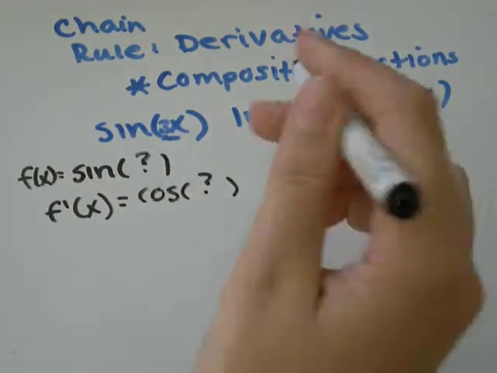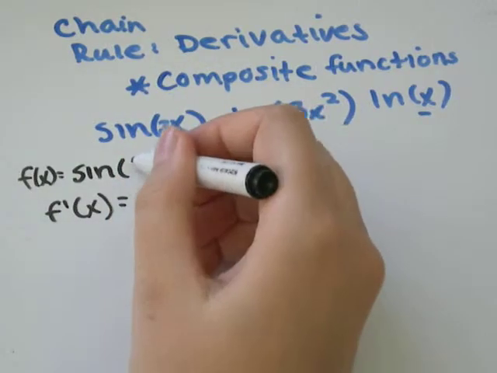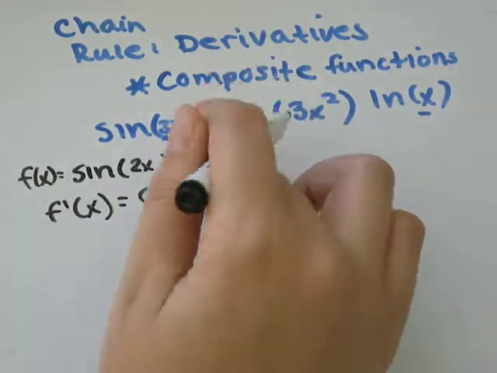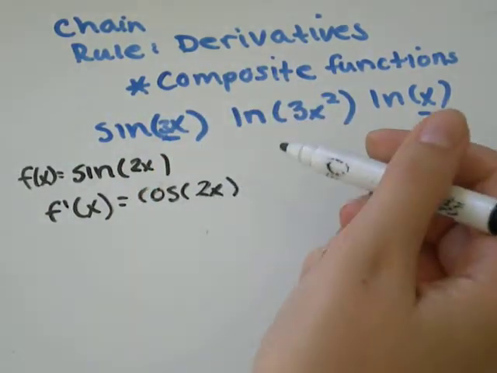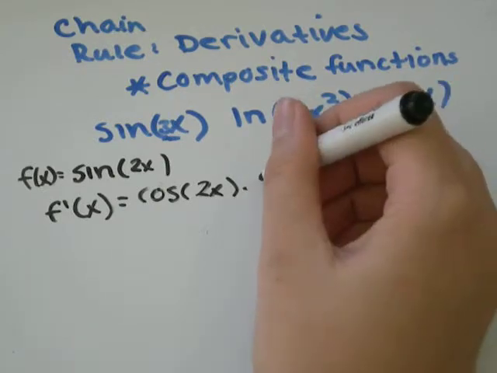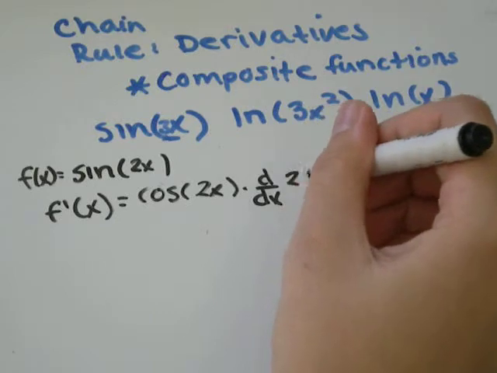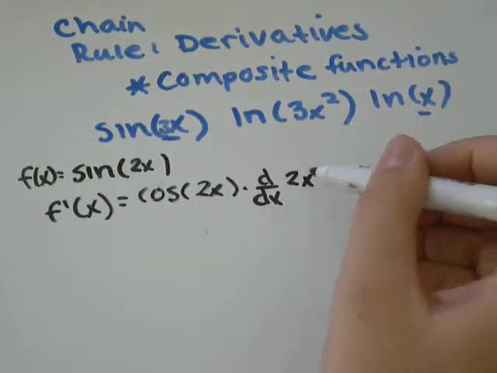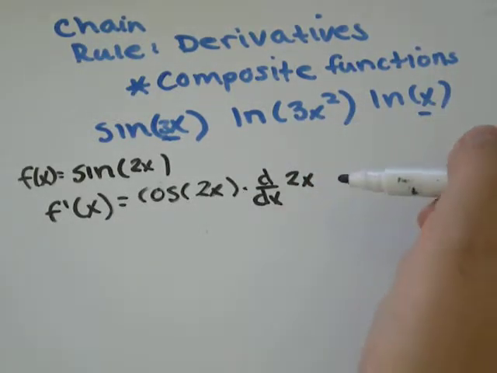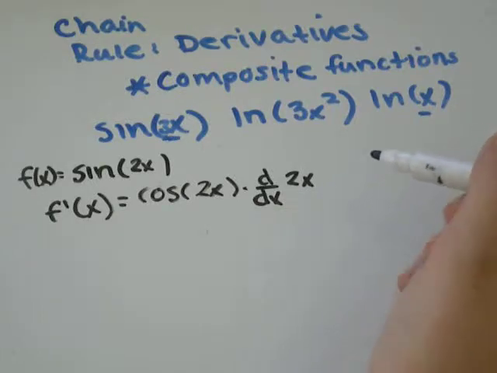We don't know yet. Now in the brackets was 2x, so the first step is cos 2x, and then we multiply that by the derivative of what was inside the brackets. So the derivative of 2x would just be 2.